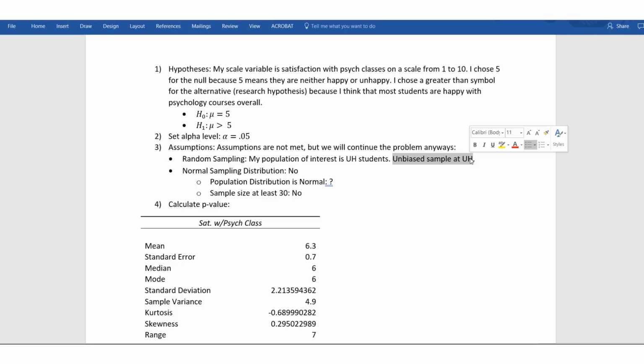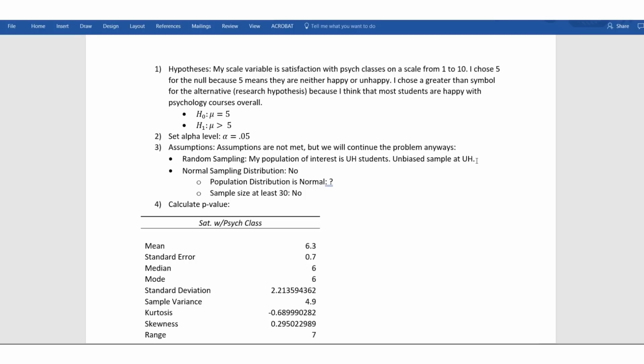I mean, it's not like I went to Psychi, the honors society for psychology, and asked how much people like their psych classes, because probably if they're in Psychi, they really like psychology classes because it's an honor society for psychology. So, just kind of think of things like that.